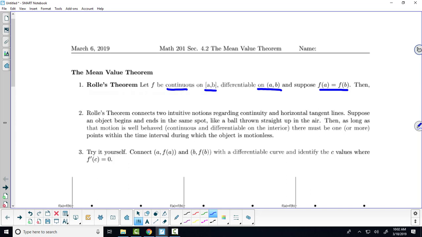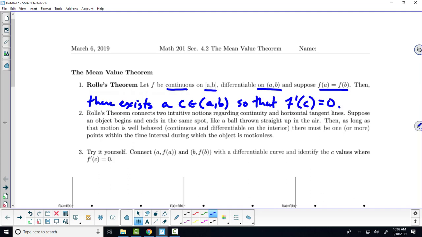If that's the case, then there exists a c in the open interval a to b, so that f prime of c equals 0. So here I say that Rolle's theorem connects two intuitive notions regarding continuity and horizontal tangent lines.